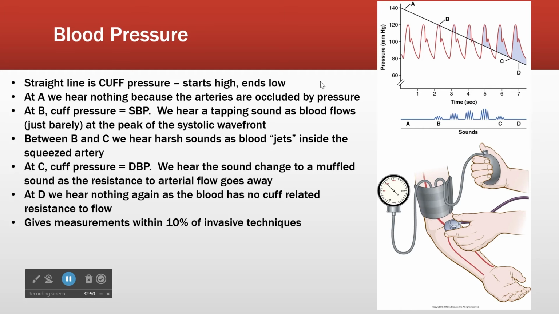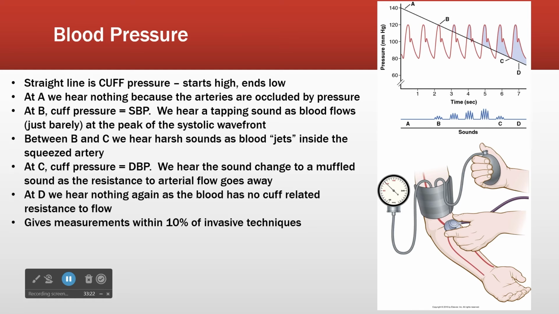That's at point B. At point B, the pressure of the cuff is equal to systolic blood pressure. And what we hear is kind of a tapping sound in our stethoscope, because there's just enough pressure that blood can zip through at the top of systole, all right? So B is our systolic number, right? So we're going to write that down as the systolic blood pressure.